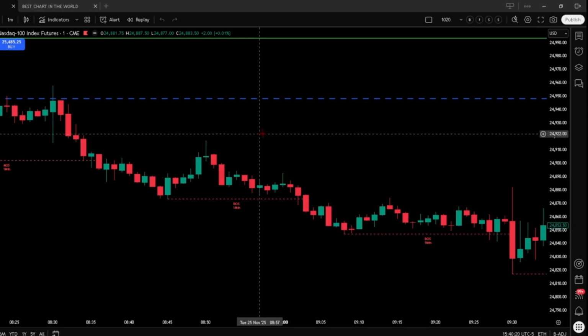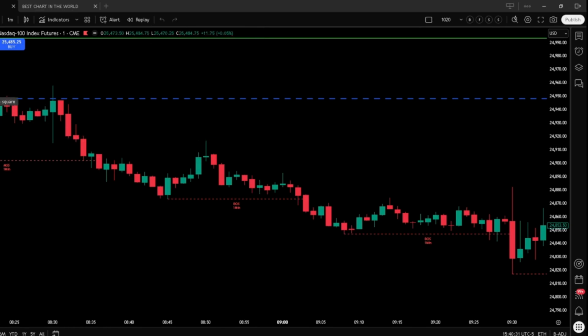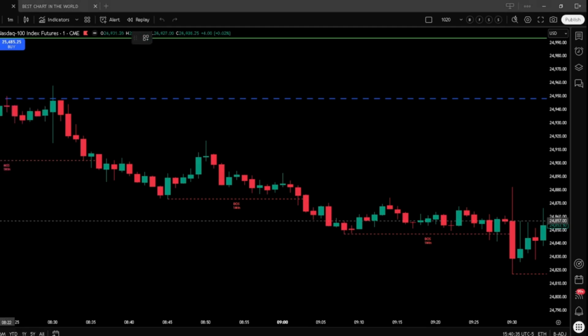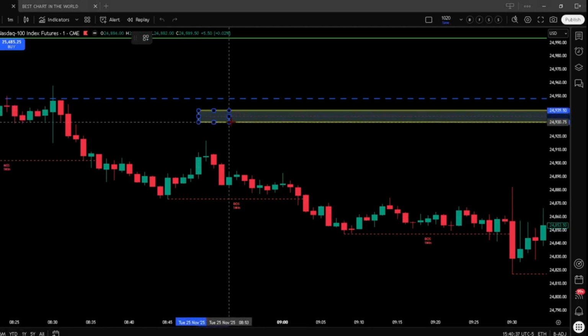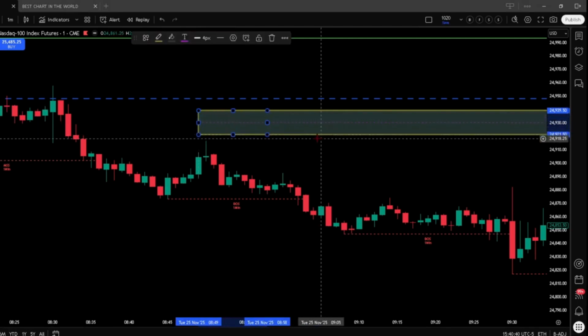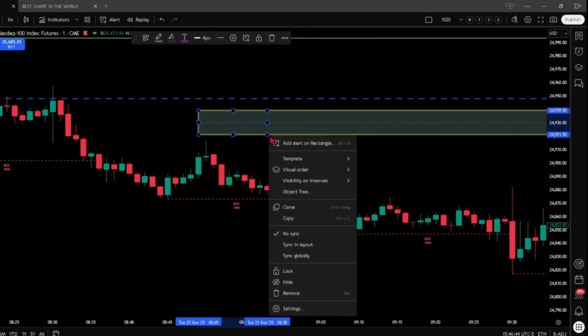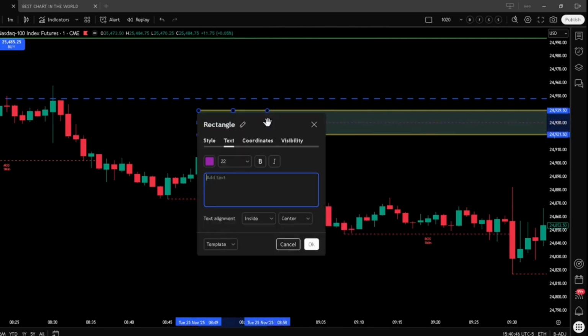It's 1 minute. And before I'm trading this kind of system, or just looking for fair value gaps, I will open up a rectangle, draw it on the screen, just like this, and then I will set the properties.